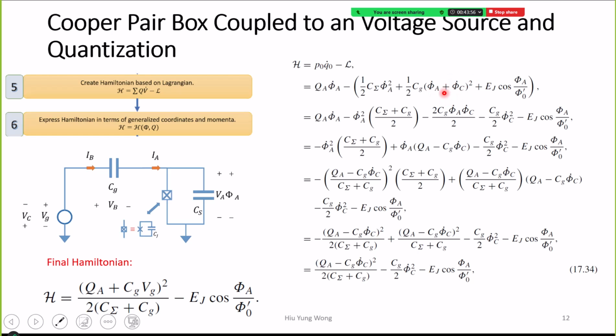This is square, so I have half CG phi C square, but this is minus, right? So you get minus. I have phi A dot square, so I combine with this phi A dot square times summation C plus CG divided by 2. I also have the cross term, negative 2 CG phi A dot phi C dot divided by 2, right?